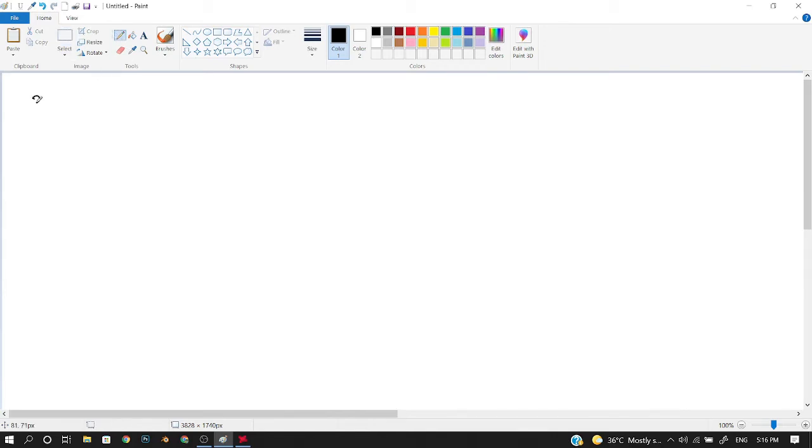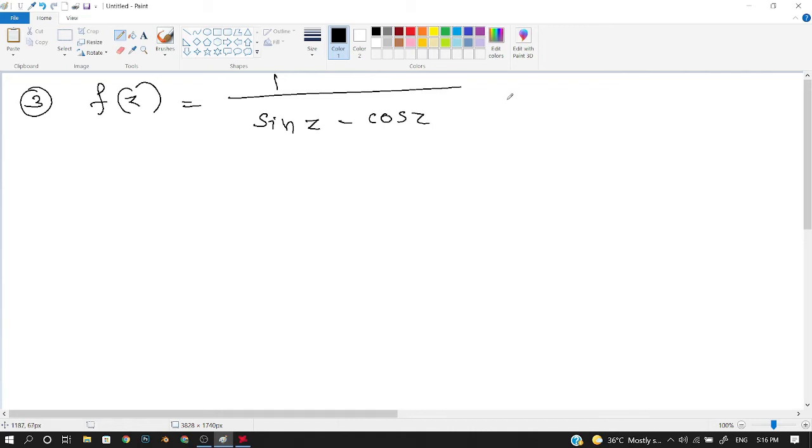Now another example, f of z is equal to 1 by sin z minus cos z, at z equal to pi by 4. Now when we equate the denominator to 0, we have sin z minus cos z equal to 0. That will give you the poles. So we have sin z equal to cos z.